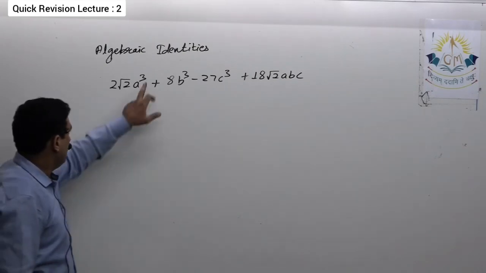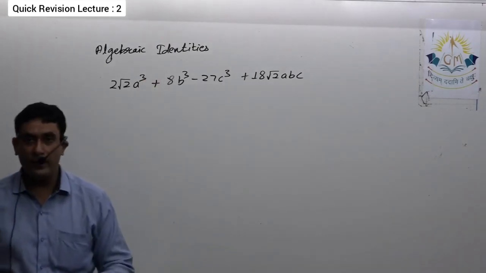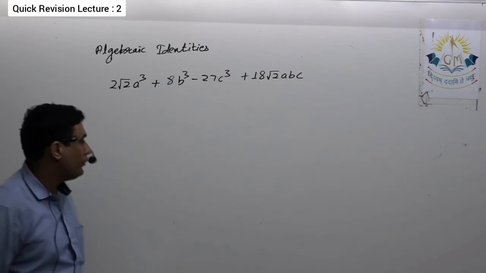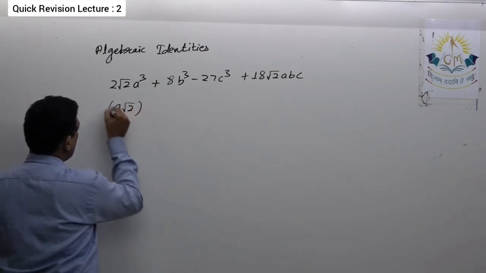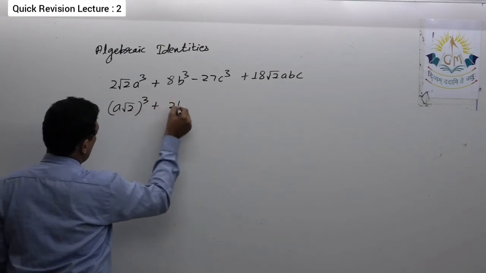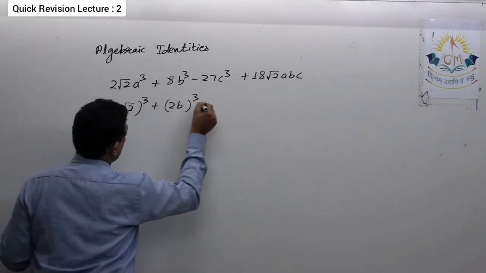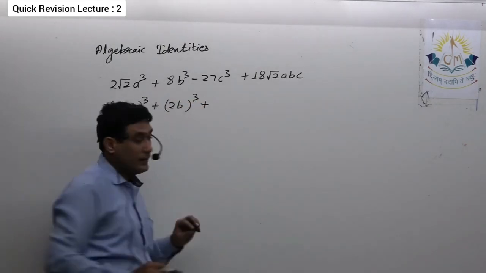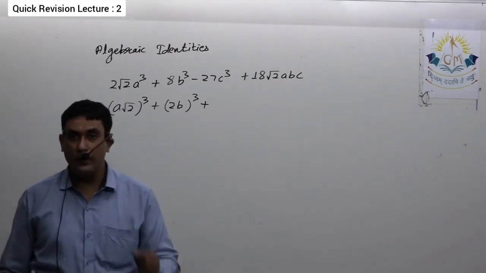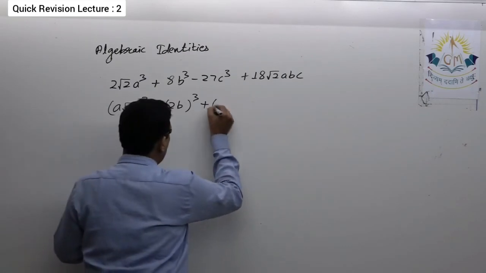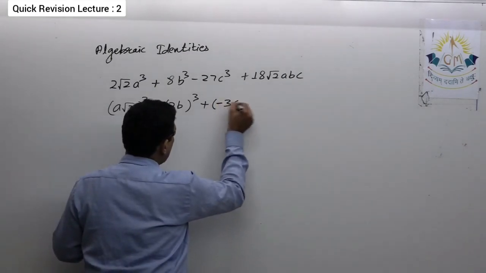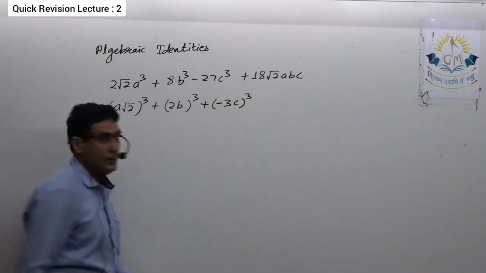Again, there are 3 cubes, so it might be the identity of a cube plus b cube plus c cube. So let us see. Yes, this is a root 2 whole cube. This is 2b whole cube. This is c. The identity is a cube plus b cube plus c cube. Here it is negative, so I write it as minus 3c whole cube, isn't it?